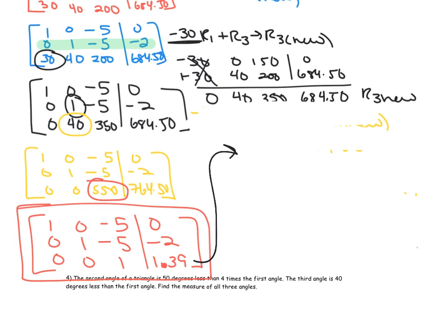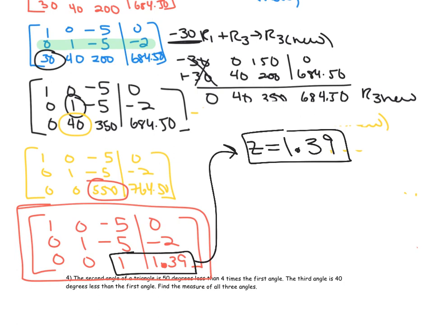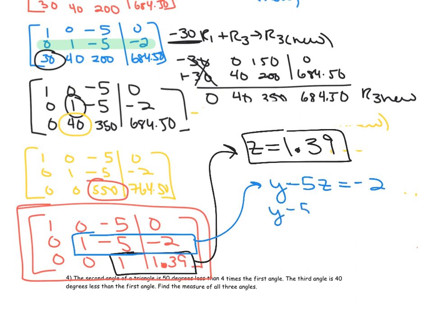Well, we know Z is equal to 1.39. That's established here. We have Y minus 5Z is equal to negative 2. So I have Y minus 5 times 1.39 is equal to negative 2.